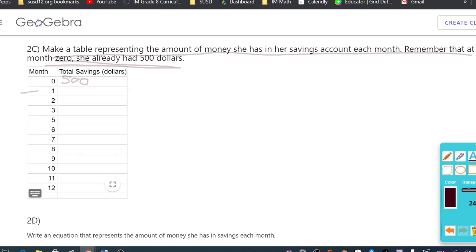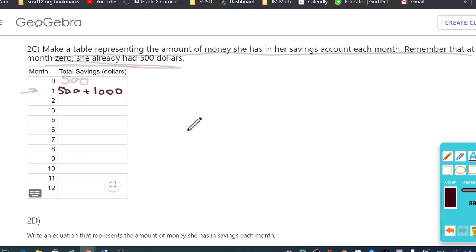How much will she have after the first month? Well, she's going to have her $500 plus $1,000 more. I'll just write that in here. $500 plus $1,000 more because she's earning $1,000 a month.